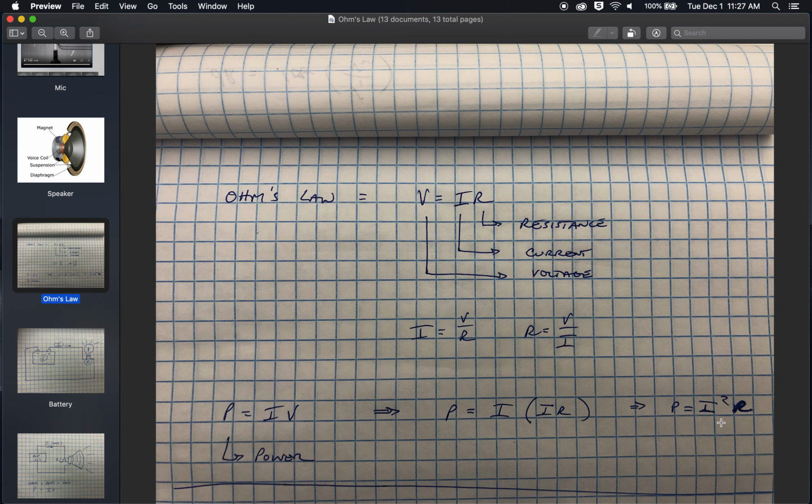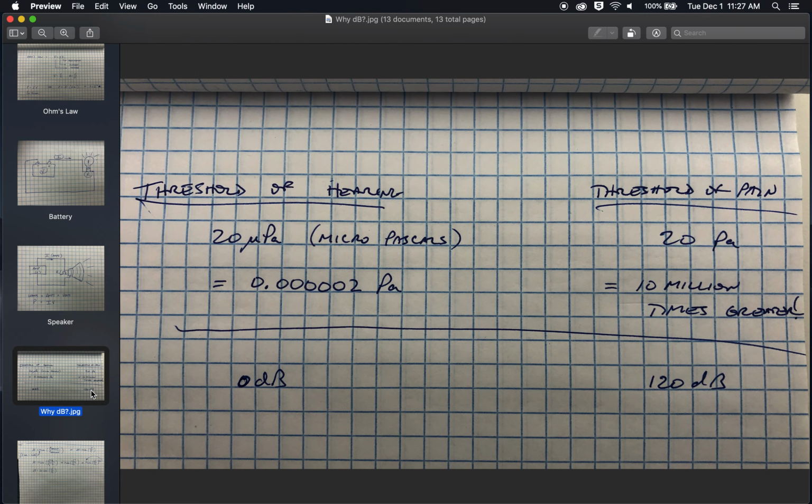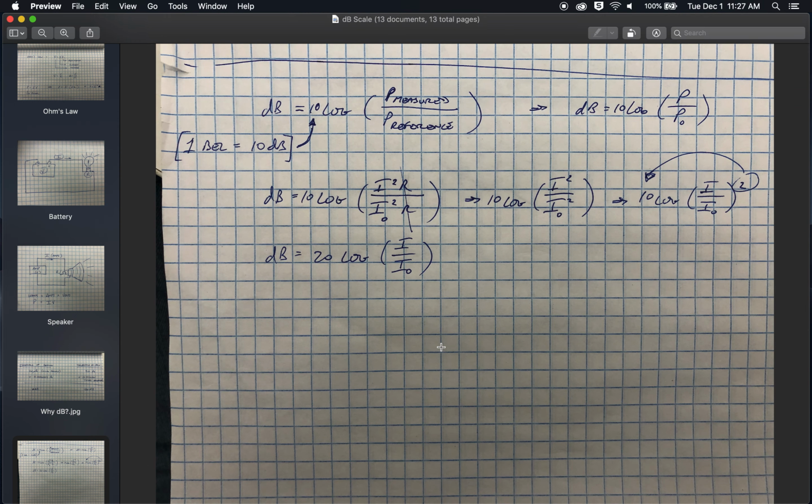Power is the same as I squared times R. The R's cancel out, and then we're just left with I squared over I naught squared.